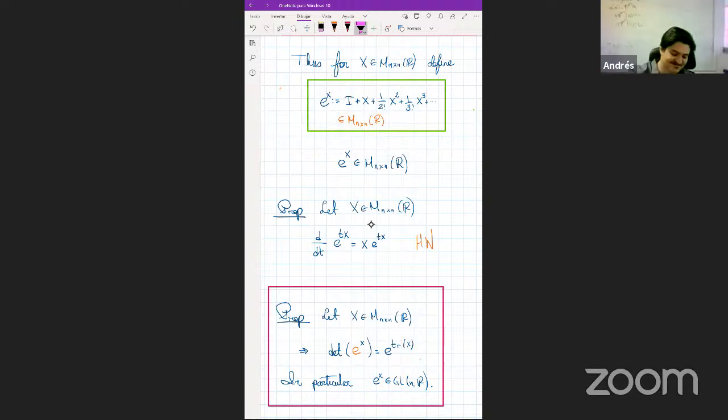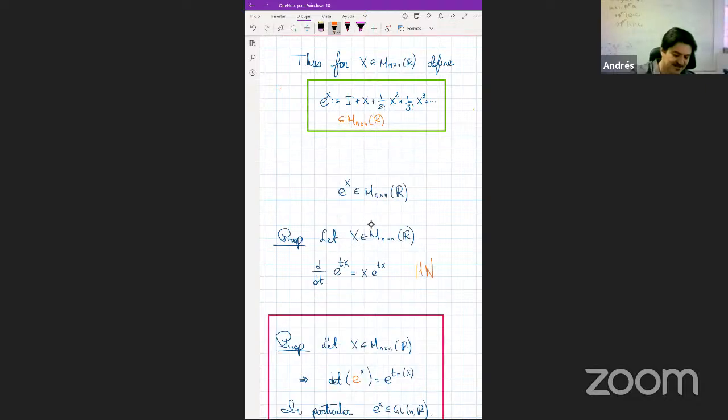Well, now, I have a question before going there. What can you tell me about this matrix? Take X to be the identity. What is e to the identity?